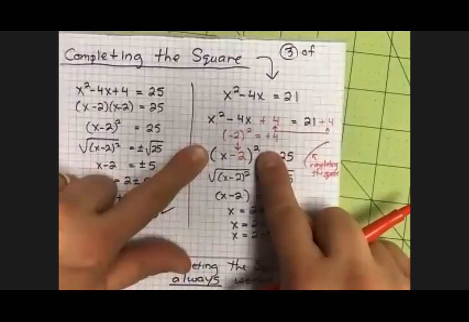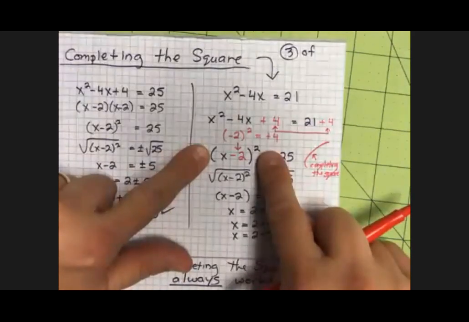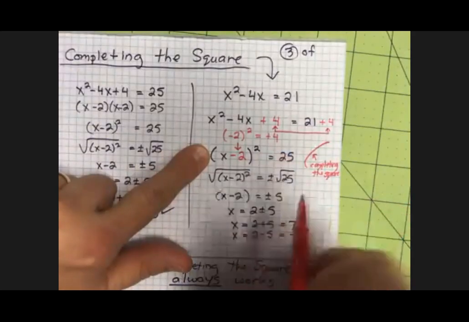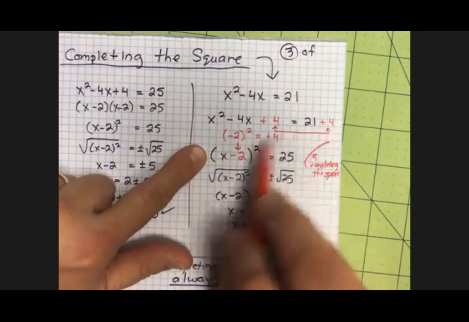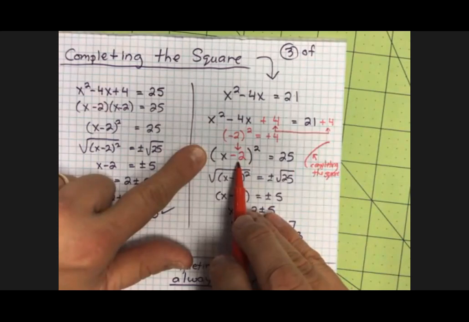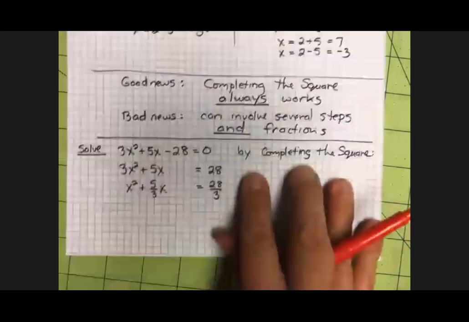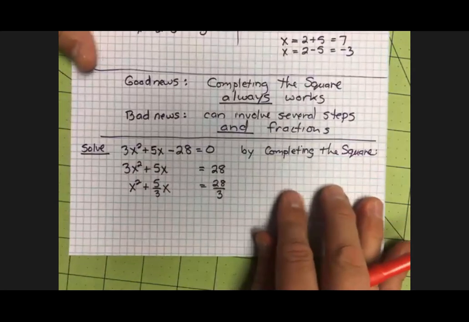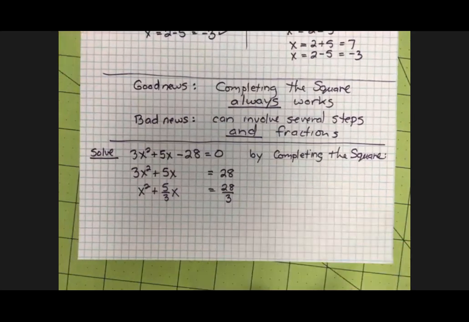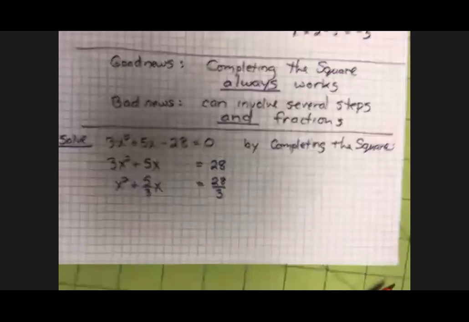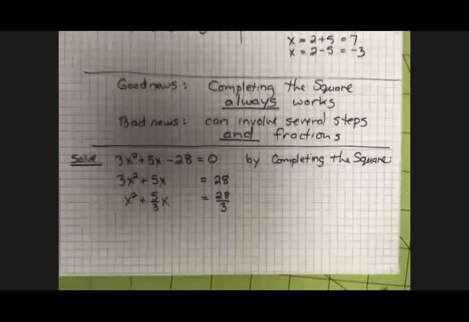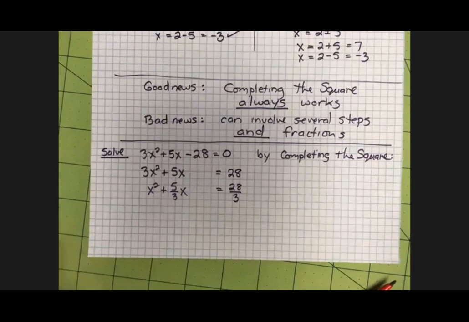Well, let's see what I can do. I'm going to use this method up here exactly, and every time I make it look exactly the same. That is, take half the number and square it and add that to both sides and then drop it down into here. Now that's a little bit off the top of my page, but let me see if I can bring my camera slightly closer so you can read that easier.